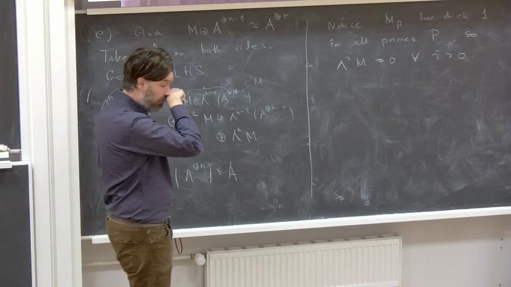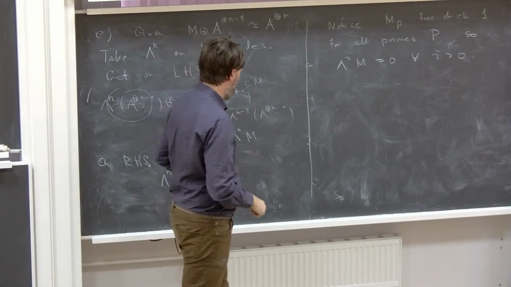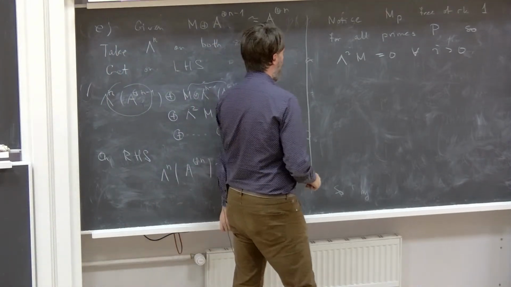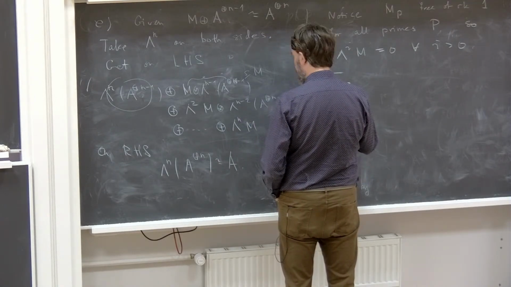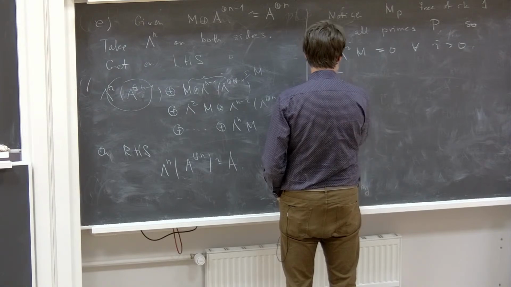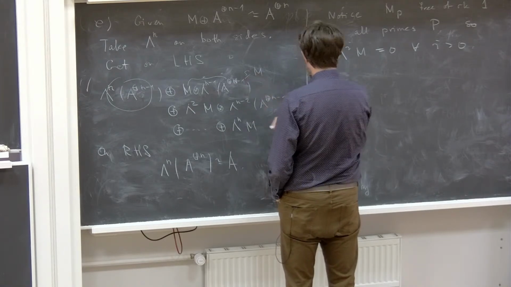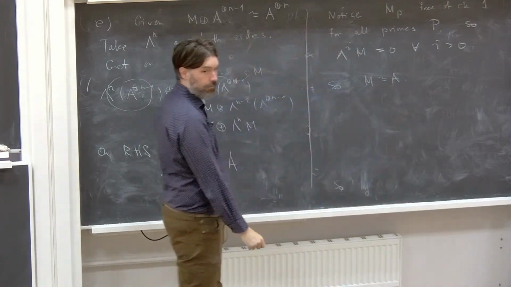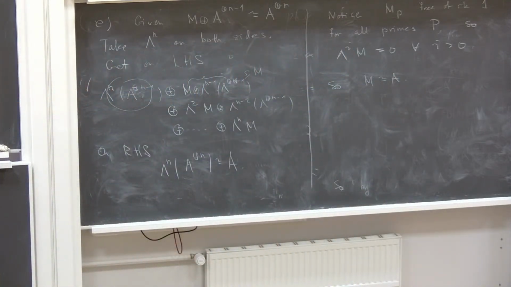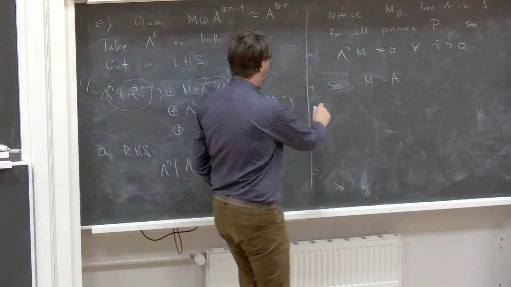So if all the localizations of some module are 0, then that module is 0. Okay, so this gives that the only non-zero term on the left-hand side is M, and so M must be isomorphic to A. Okay. So that's the proof of E.